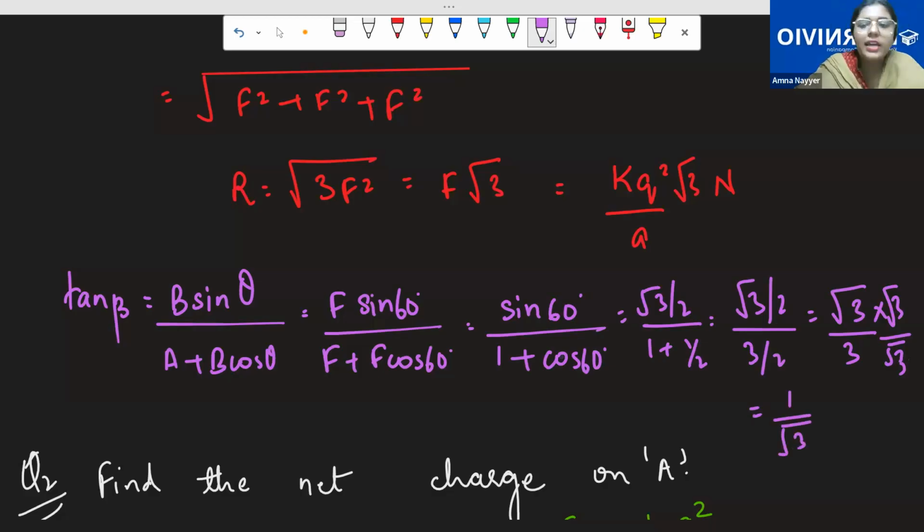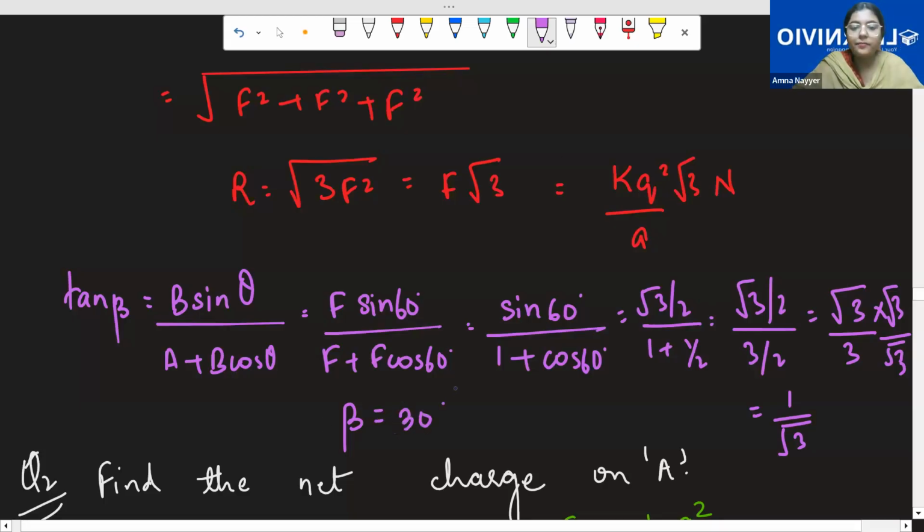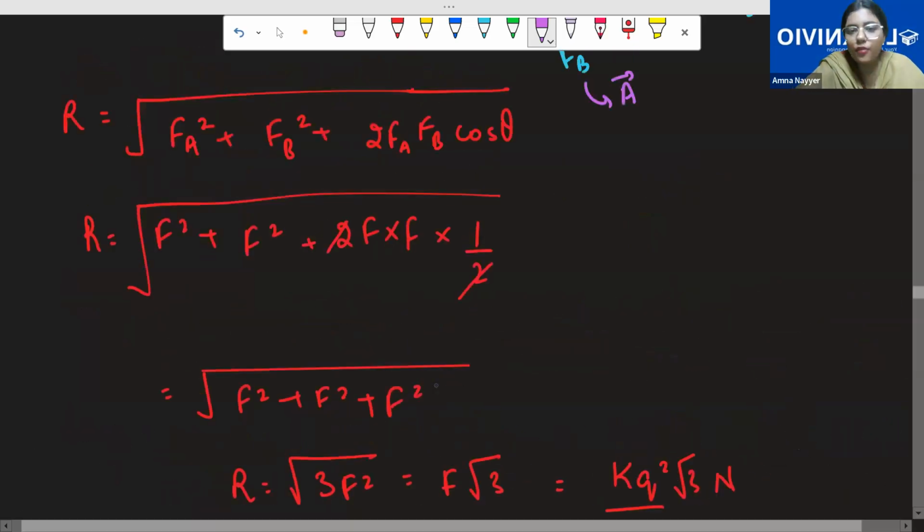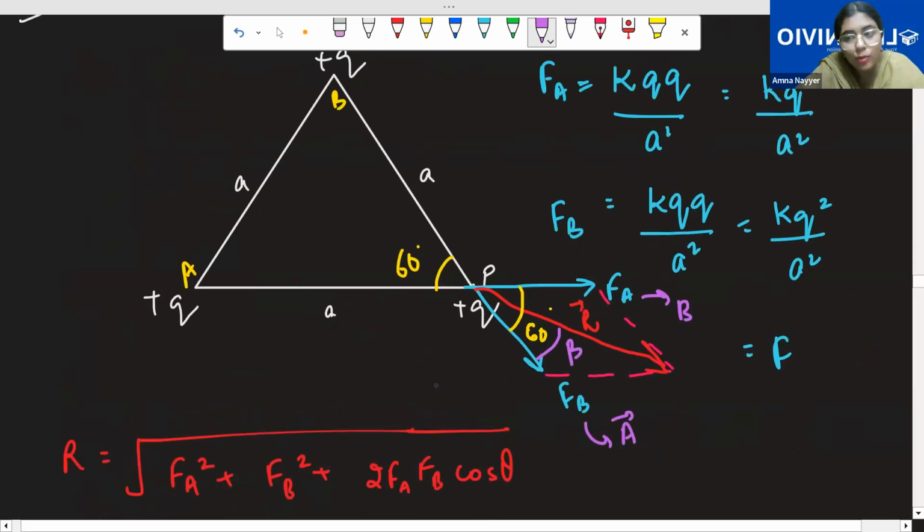Now tan beta, when is tan 1 by root 3? We know this value, all of us. Beta should be equal to which angle? 30 degree, yes, correct. This will be equal to 30 degree. So see, beta is 30 degree, and anyway, the angle was 60 degree, both the forces were equal.